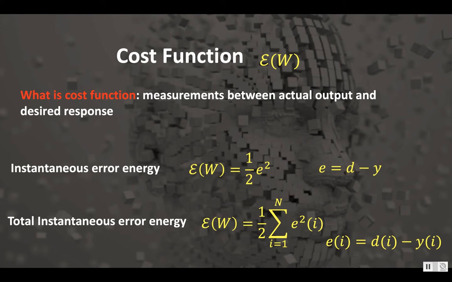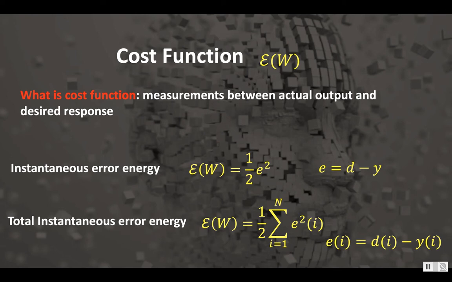Before we discuss how to update the weight, there's one terminology we need to learn, called the cost function. Here we use epsilon of w to indicate the cost function. Then the question is, what really is the cost function?